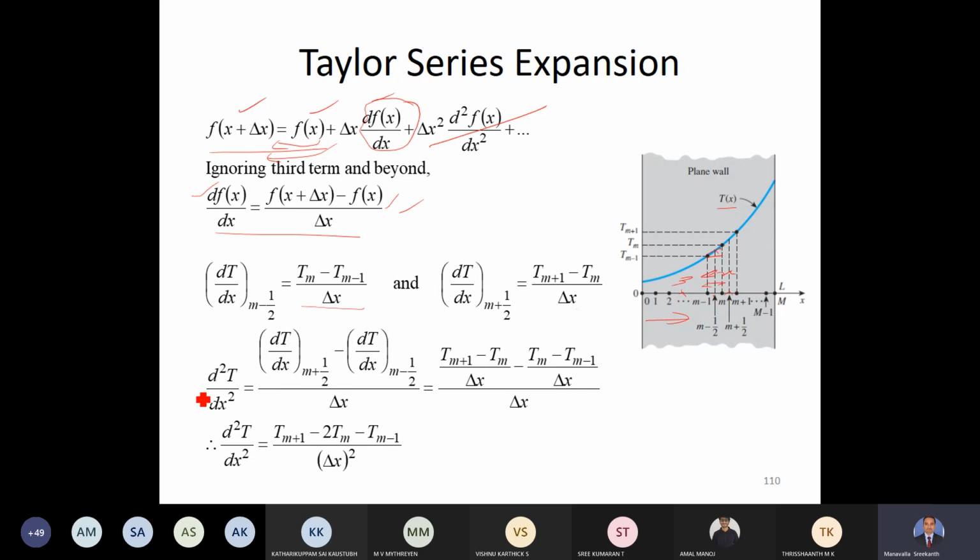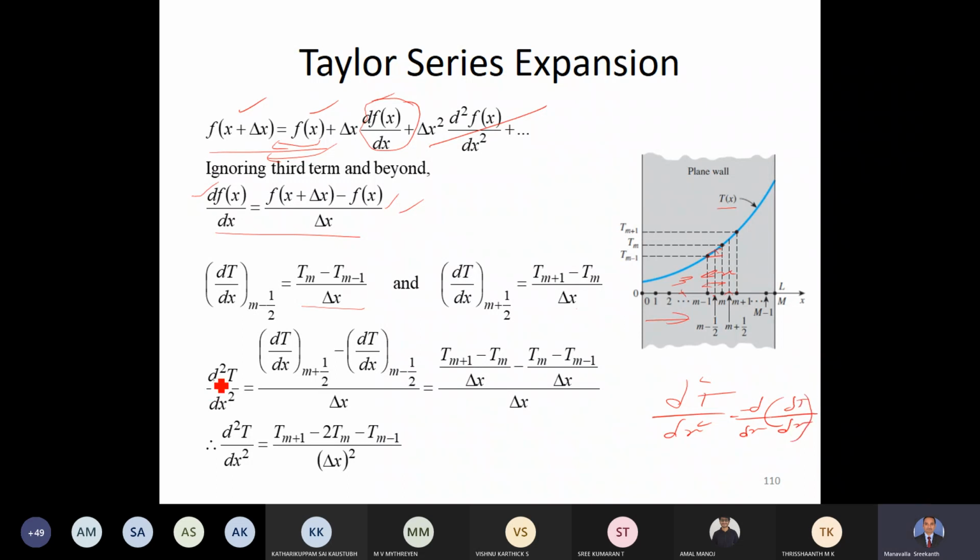What is d square T by dx square? d square T by dx square is a derivative of dT by dx. It is equal to d by dx of dT by dx.